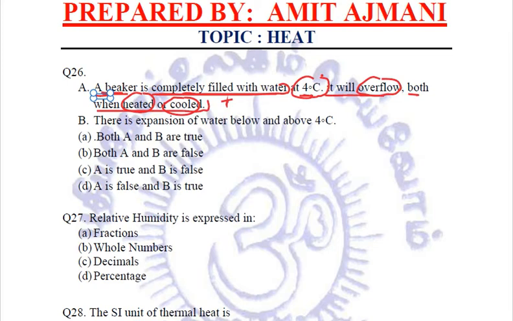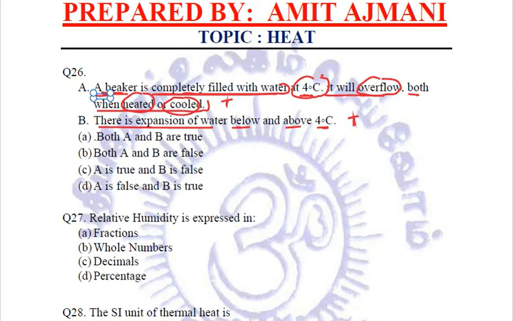The second statement is that there is expansion of water below and above 4 degrees. Absolutely true. It is one and the same thing as given in statement A, but the language is different. Above 4 degrees and below 4 degrees, there will be expansion of water.